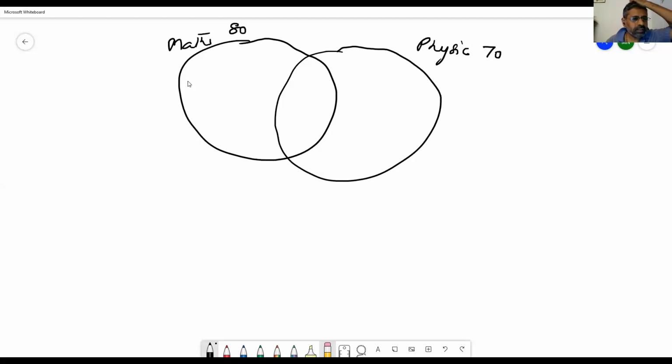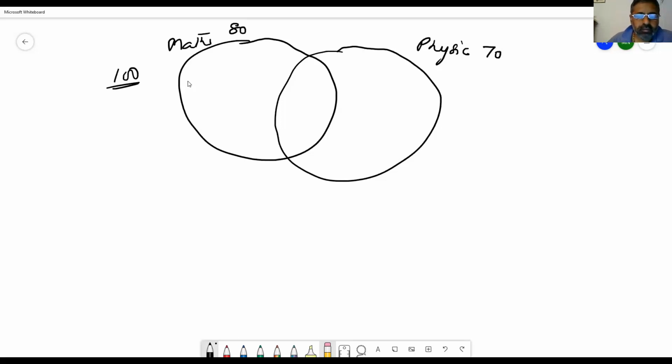Now, there was this question in CAT which came asking what could be a number of people who liked both. So what could be a number? Unless there's a total, say if there are a total of 100 people, 80 of them like maths and 70 of them like physics, we know how to do that.